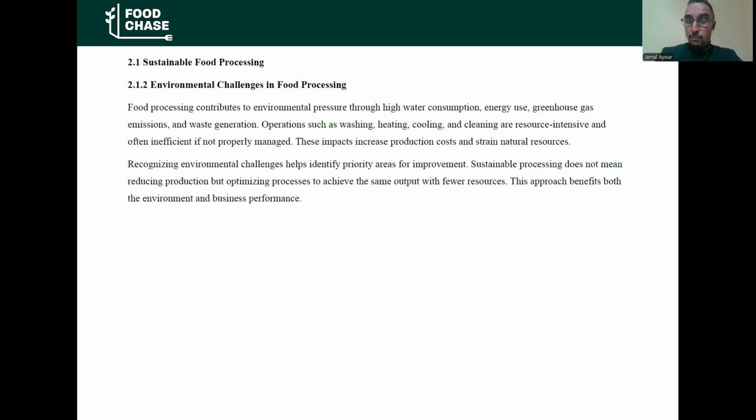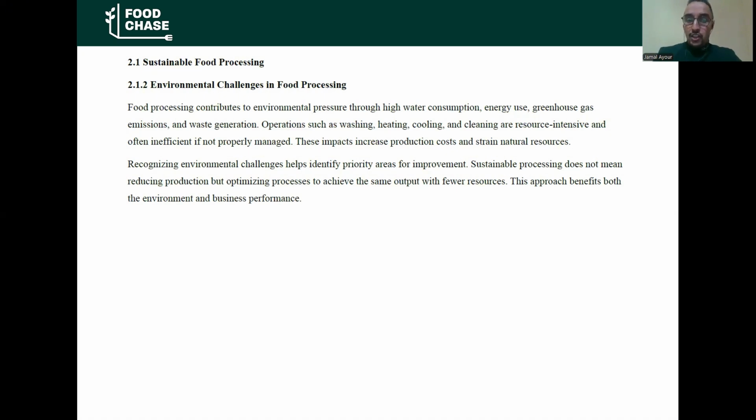Food processing contributes to environmental pressure through higher water consumption, for example, energy use, greenhouse gas emissions, and waste generation. So developing the packaging is one of the questions with respect to the environment, and all these questions relate to water consumption and energy use.